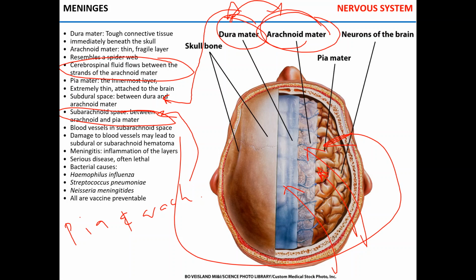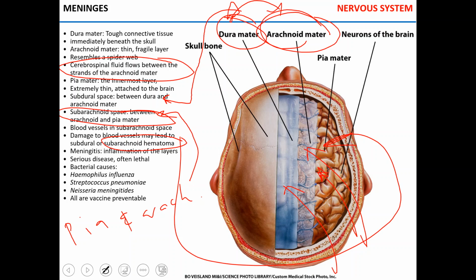Now, these blood vessels, if they get ruptured, then the leakage of the blood will lead to the accumulation of the blood into that subarachnoid space, and that may lead to lethal outcomes, as a result of so-called subarachnoid hematoma.